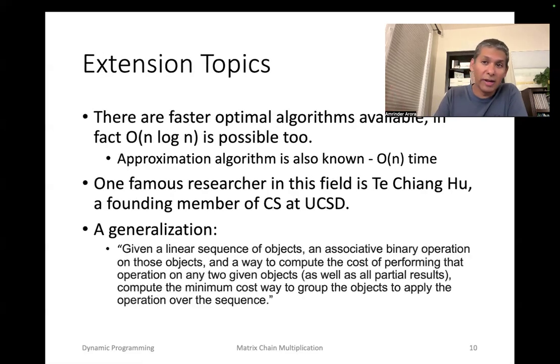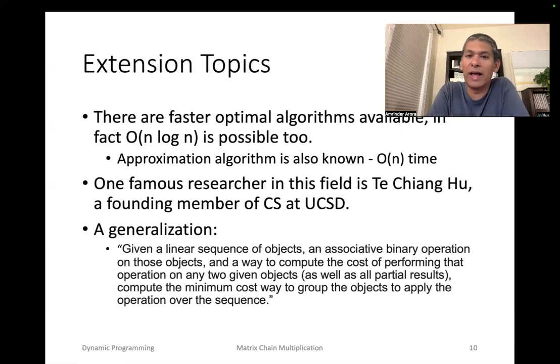If you want to learn a little bit more on this problem, there are faster algorithms available as well, even though for 50 or 100 matrices, n cube is really not that large on any reasonable processor, but still every little bit saves. So there are faster optimal algorithms. In fact, order n log n is very possible too.